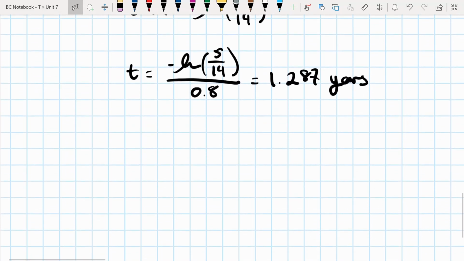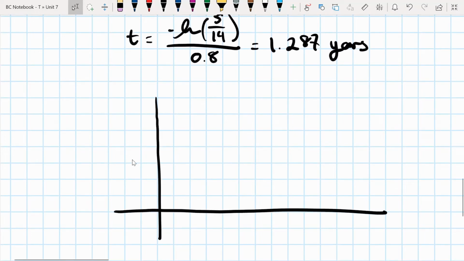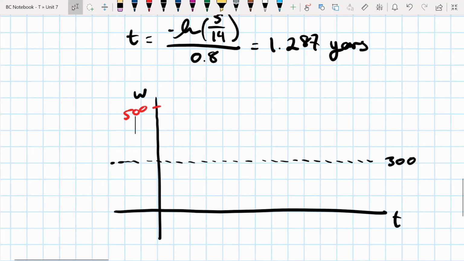Basically what's happening here is these wolves are greater than the carrying capacity of 300. So this is W and this is t. Imagine the wolf population is up here at 500, and we're figuring out the time it takes for the population to reach 350.